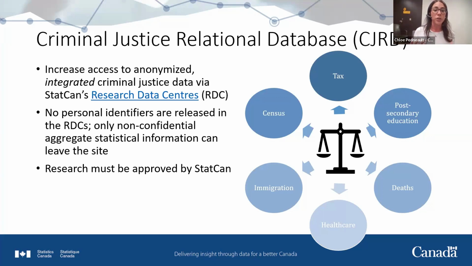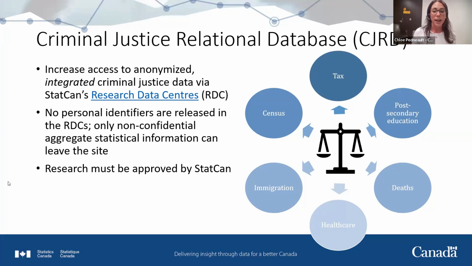So in order to access these data, researchers need to submit a proposal through the RDC platform, which I have a link for later on in the presentation. The proposal needs to be approved by Statistics Canada, and there are a number of other requirements before someone can access the RDC, such as becoming a deemed employee of Statistics Canada.